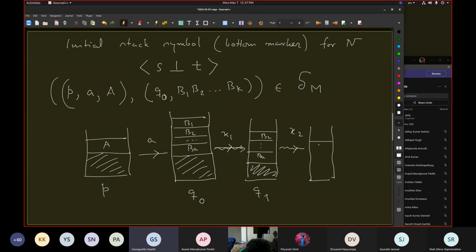So only B3 to Bk will stay, and this part remains unchanged. This goes on. Eventually, after reading something like xk, this machine will come to state Qk after getting rid of Bk.